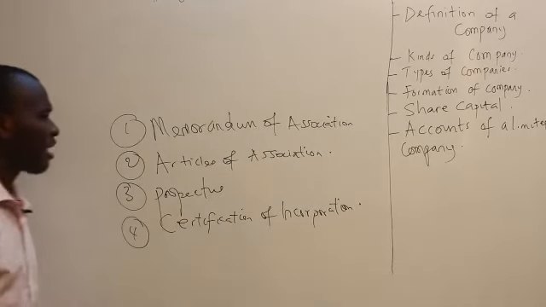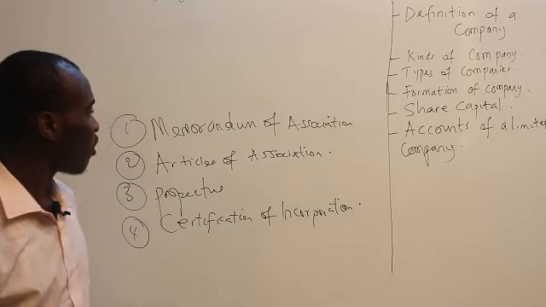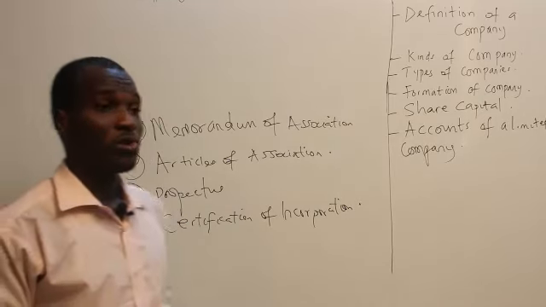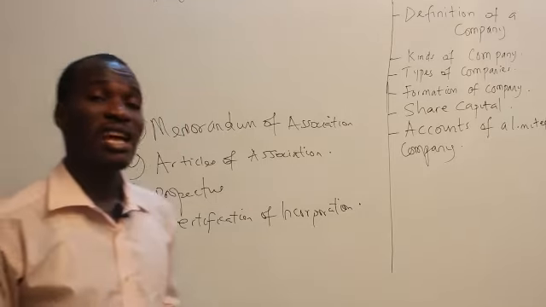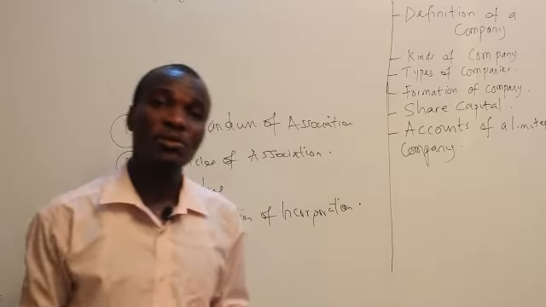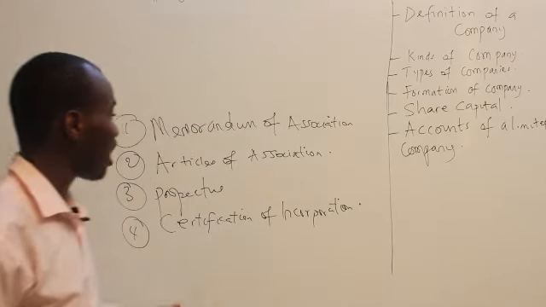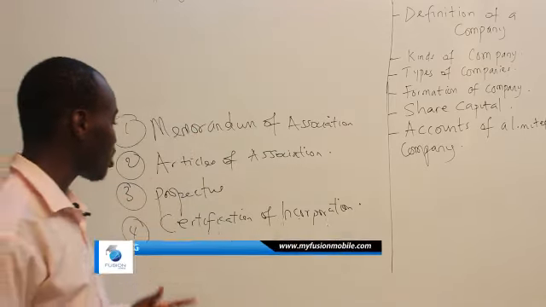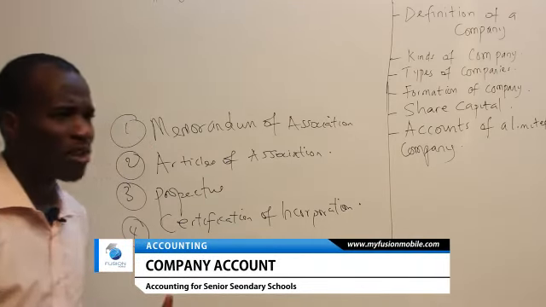So these are the documents with which the promoter will help in the establishment of the company. These documents are necessary in the establishment of a company. So we have the memorandum of association, the articles of association, the prospectus, and the certificate of incorporation. Now let's begin with the memorandum of association.